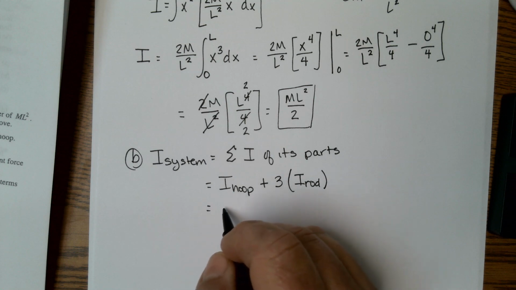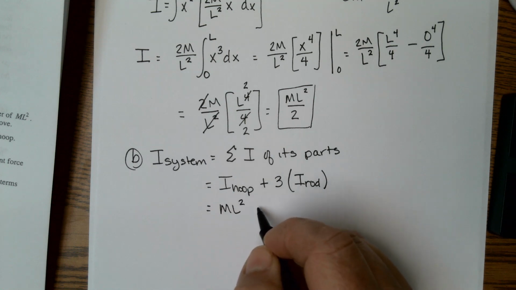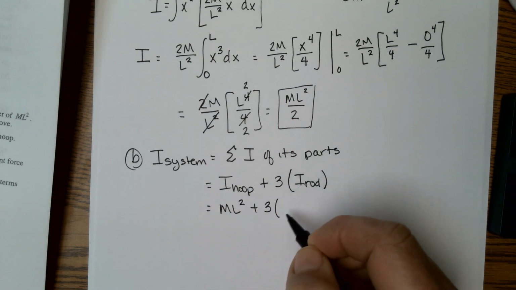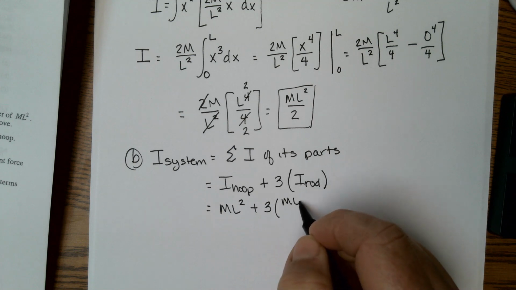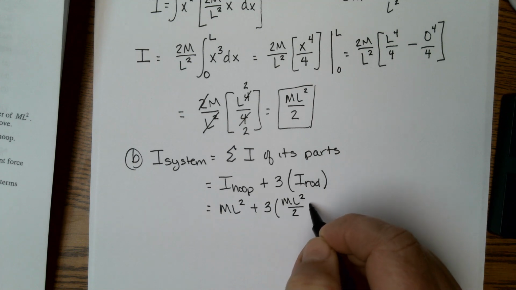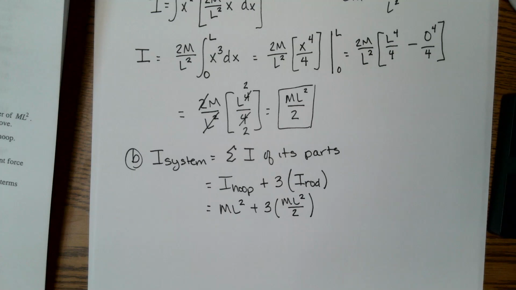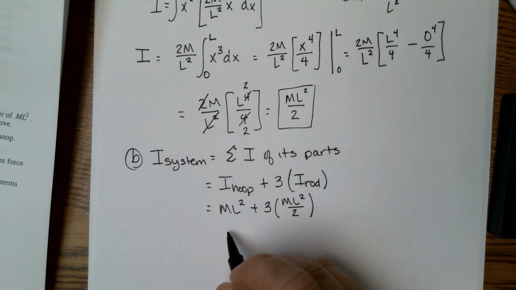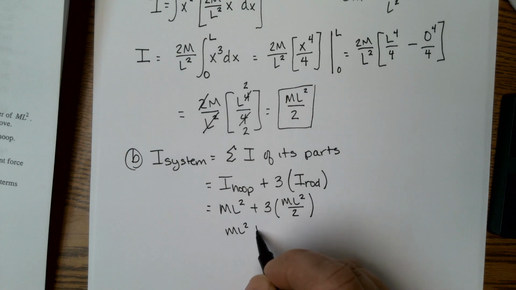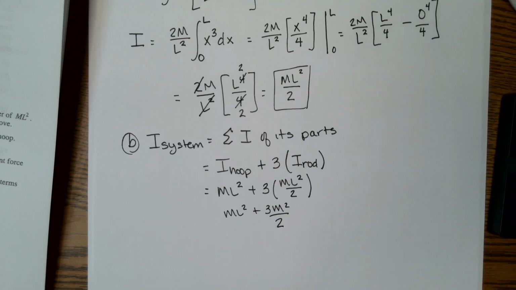The hoop, they tell me, is ml squared, and the rod, we know from our calculations or from what they gave us, is ml squared over 2. So I end up with ml squared plus 3 ml squared over 2.